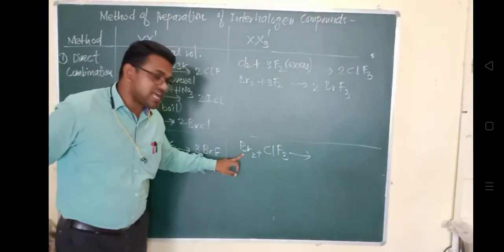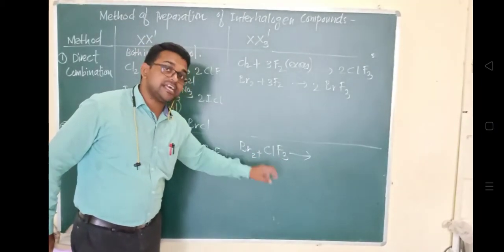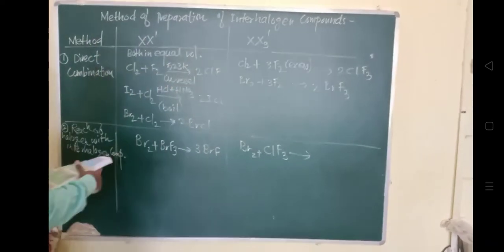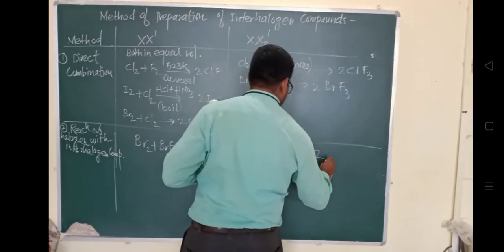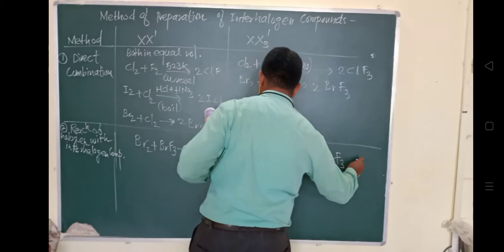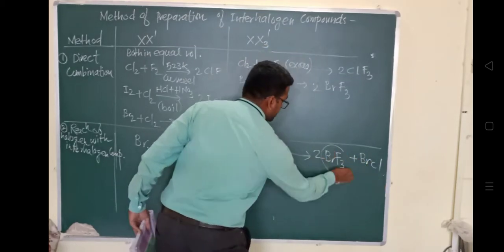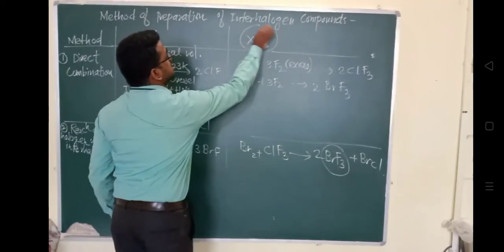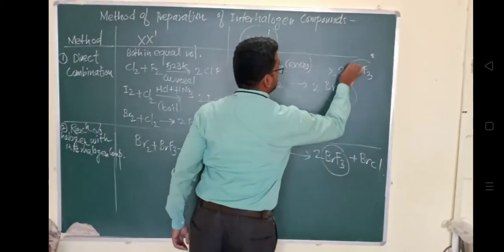It will form 2 BrF3 plus BrCl. BrF3 is of the X X3 dash type, like ClF3, in this type of interhalogen compound. So this is about the preparation.